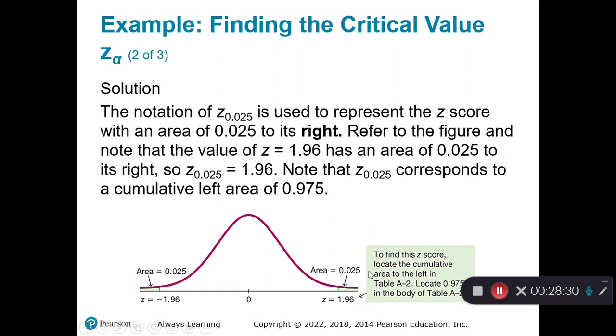Now, this table entry doesn't exactly occur in the positive z-scores, though. It occurs in the negative z-scores. So an easier way to find a critical value is to find the area that is the subscript, that's your alpha. Look at what the z-score is that corresponds to it. It will always be a negative z-score, and then basically just change the sign to positive.